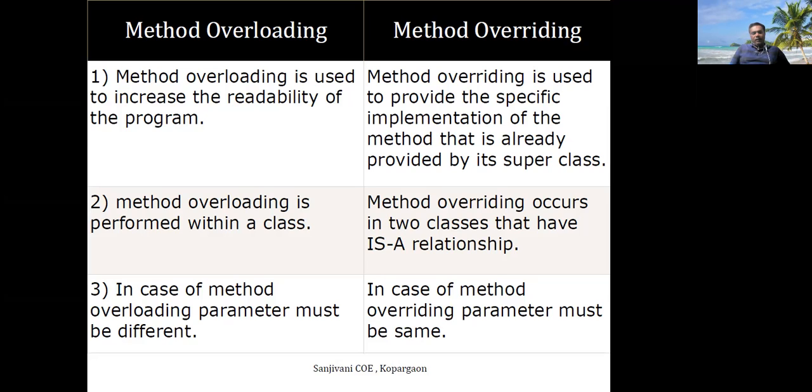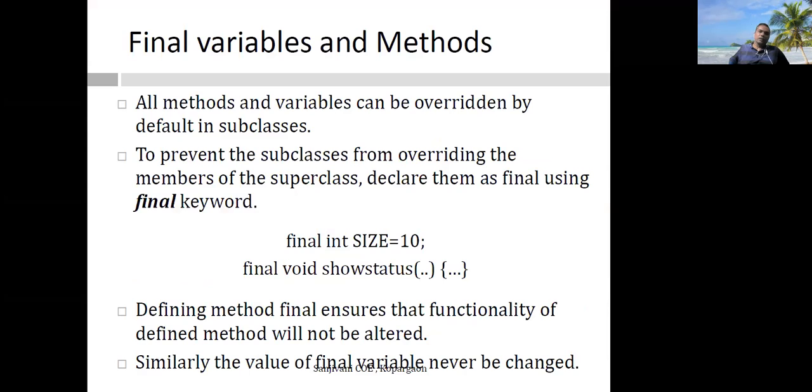The second difference is that method overloading is performed within a class, whereas method overriding is performed between a base class and its subclass. In method overloading, parameters must be different. In method overriding, parameters must be the same in Java.